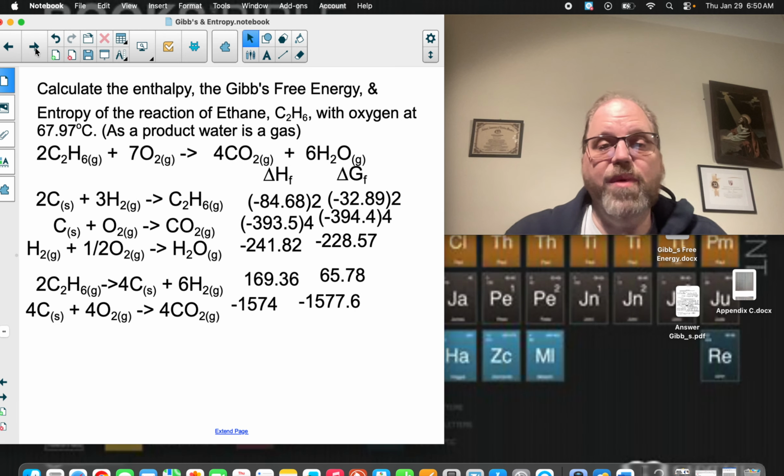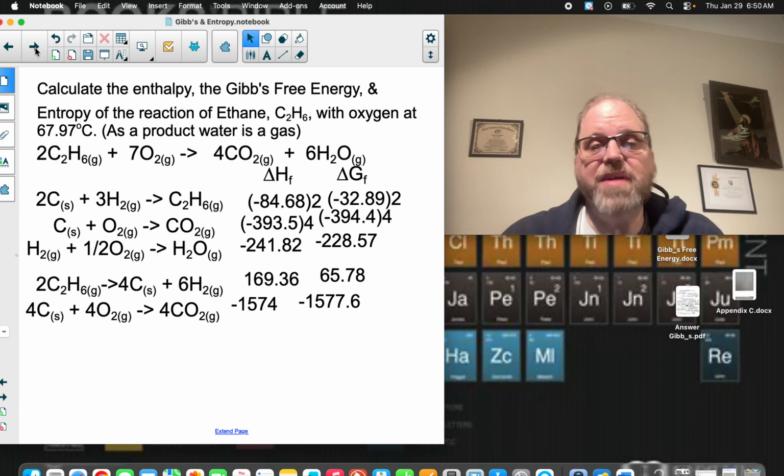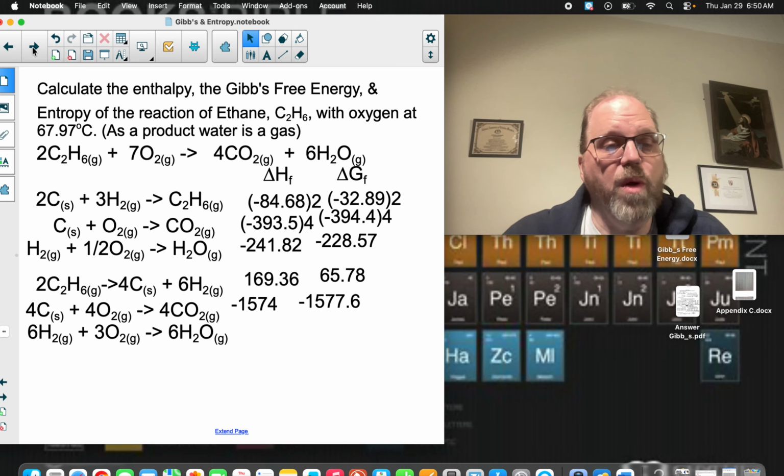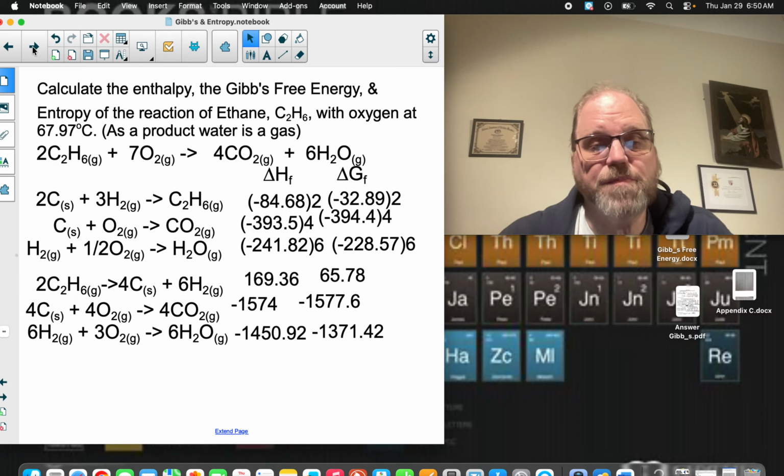4 times negative 393.5 and 4 times negative 394.4 is negative 1,574 kilojoules per mole and negative 1,577.6 kilojoules per mole. And then for water, we're going to multiply by 6. So take our values and multiply by 6.